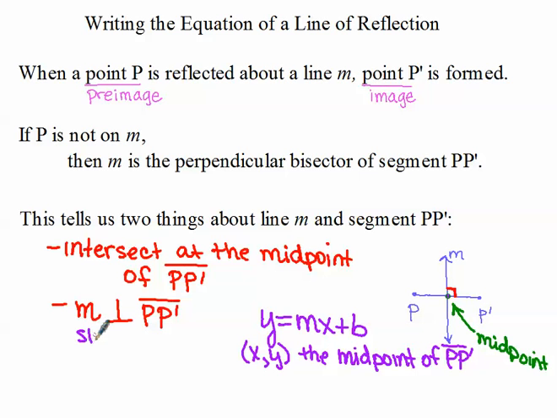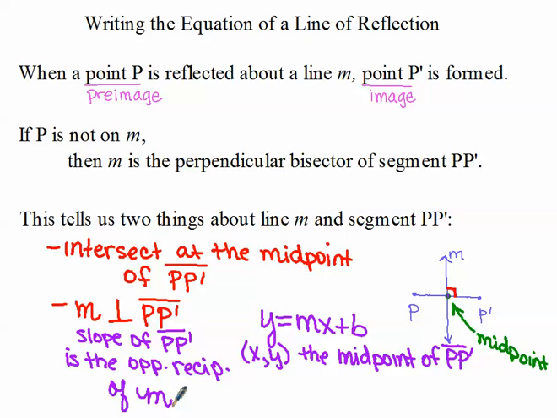The slope of the segment is the opposite reciprocal of line M. Okay, so I'm going to find the slope of the segment, use its opposite reciprocal for the equation, and I'm going to find the midpoint of the segment because that allows us to fill in x and y in our equation. So there's two things, midpoint and slope.